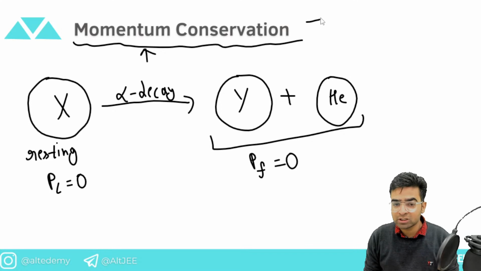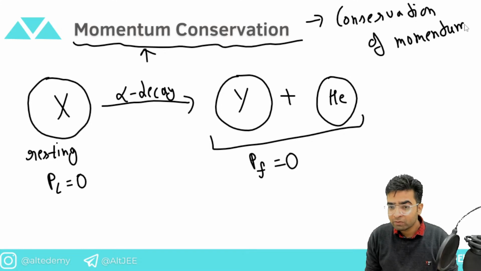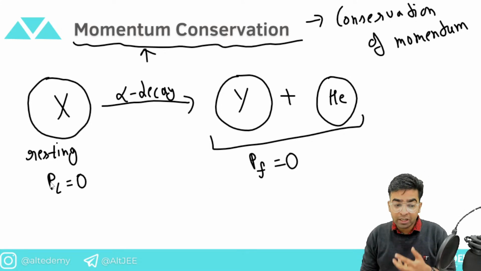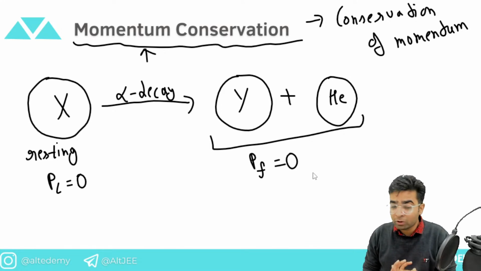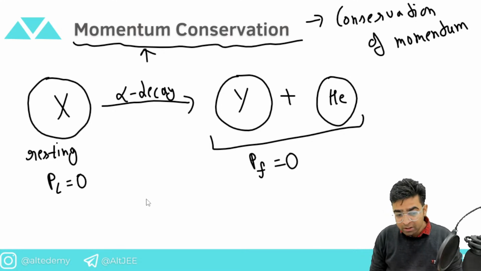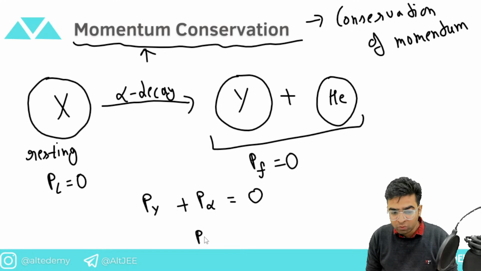We are talking about the conservation of momentum. Total initial momentum should be equal to the final total momentum, which is 0. So Py plus P alpha has to be 0, meaning Py is equal to minus P of alpha.